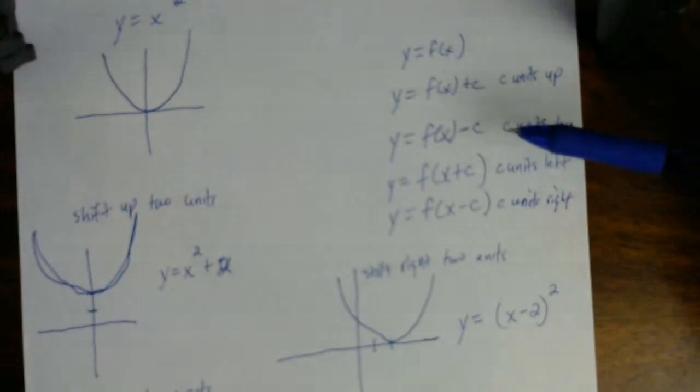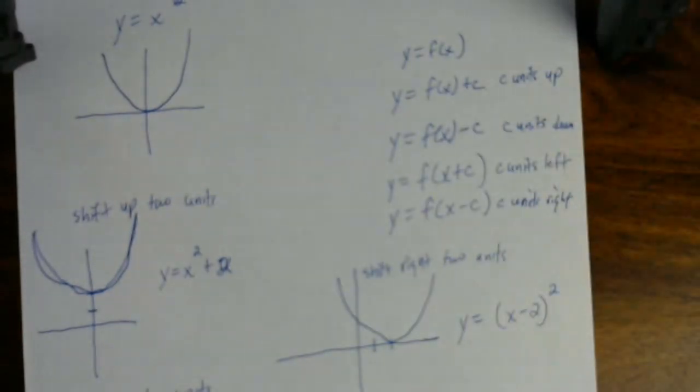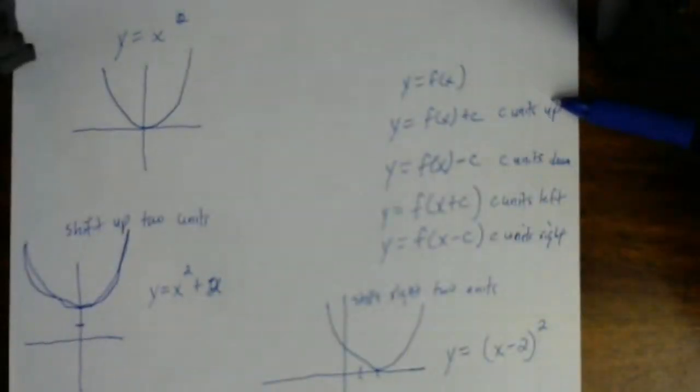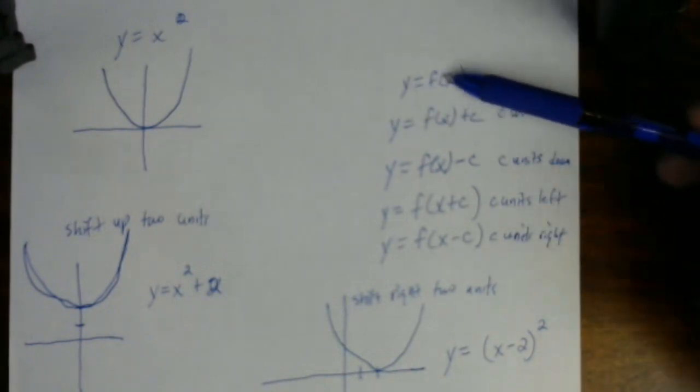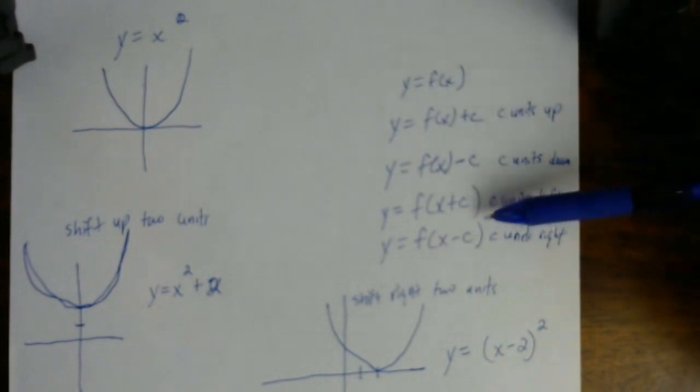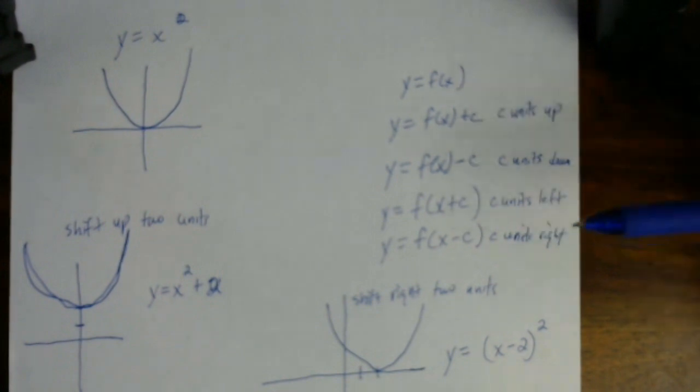And what I mean by model forms, I'm going to return to the document camera. And by model forms, I mean these. We can modify our equation to reflect across the x or y. We can modify our equation to horizontally shrink or stretch a function.